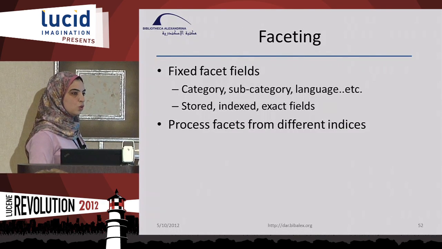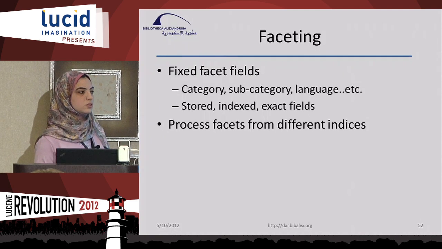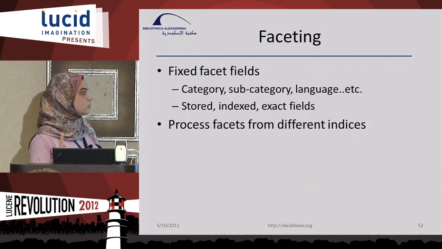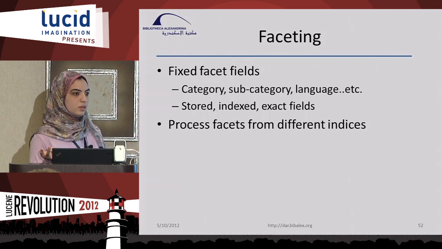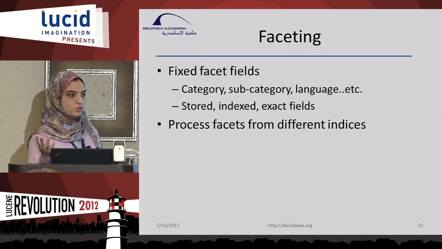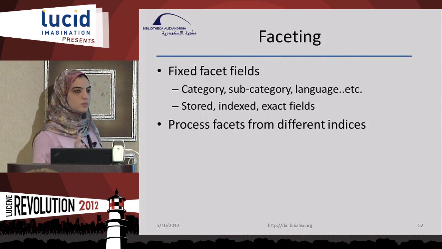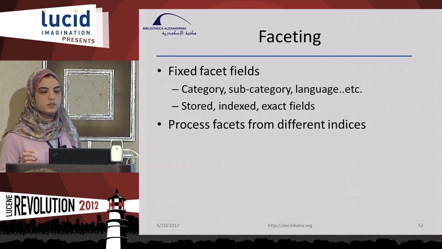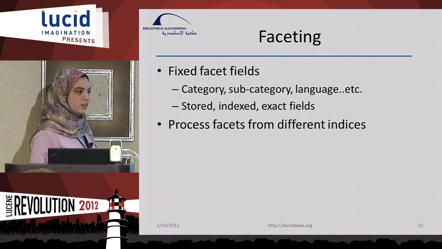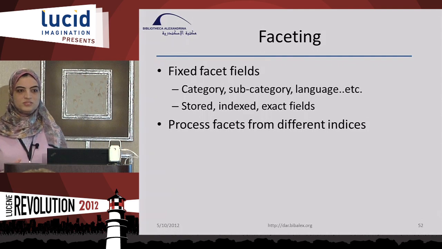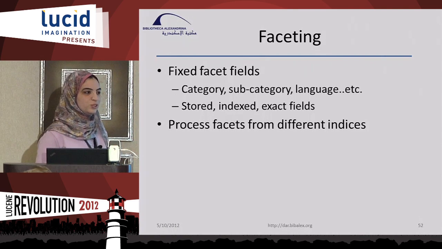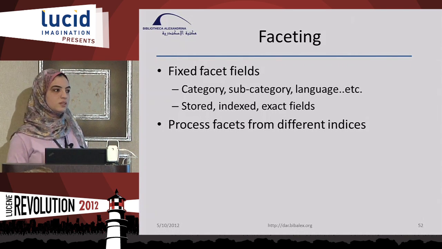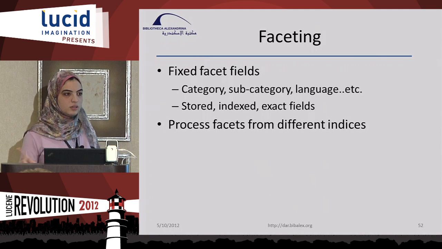For the faceting, we store and index the fields that we'd like to facet on, and we do this on exact search, not stemming or morphological search, because this is related to the Arabic language. The Arabic language is somehow different from the Latin. I don't know if you tried to do this before for your applications or not, but the Arabic language has special handling, and we are not using the Arabic analyzer provided by Solr.